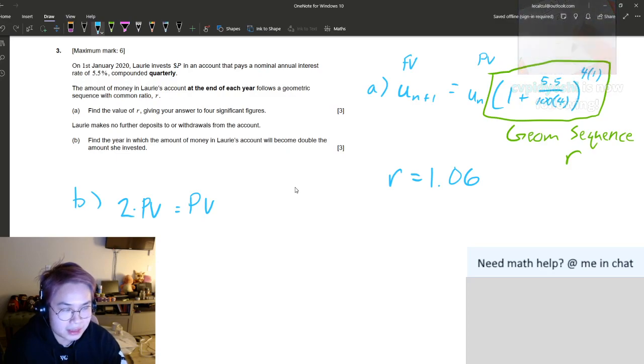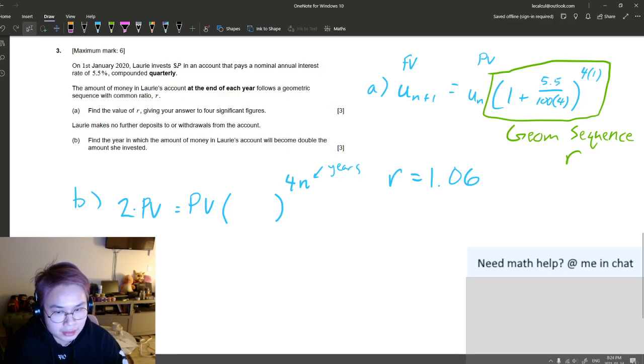We need to find out when this is doubled. And you do have the geometric sequence. I don't particularly care for it. What I'm gonna do is, I know that this is 4 times n, which is the number of years, of course. And I'm just gonna evaluate what this is. And then I'm gonna graph this, or use an equation solver.